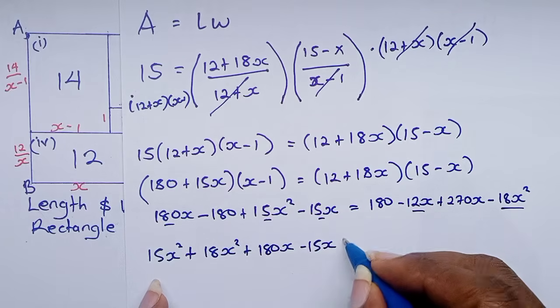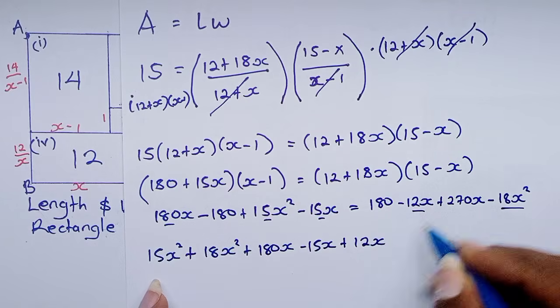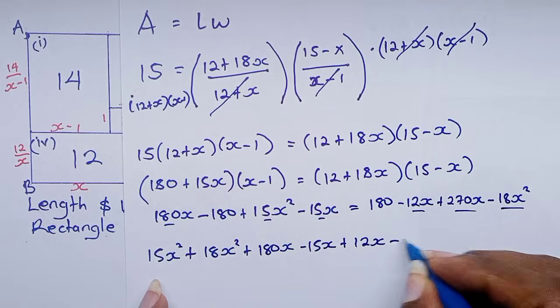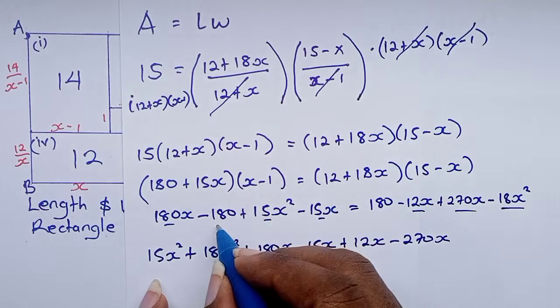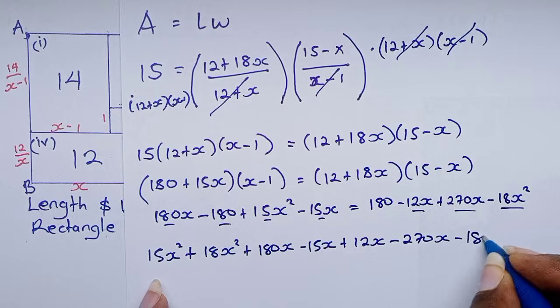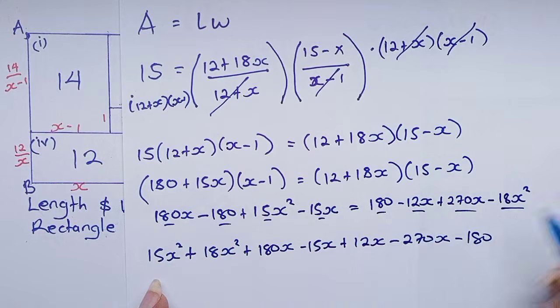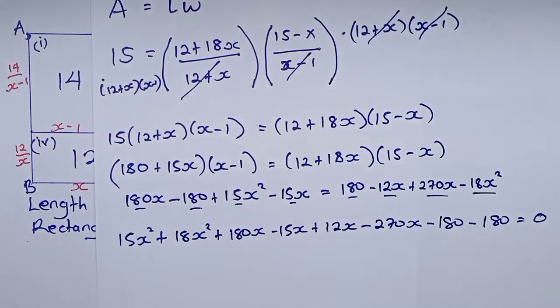Then when this crosses, it becomes plus 12x. When this crosses, it becomes minus 270x. Then minus 180. Then when this crosses, it becomes minus 180. This is equal to 0.